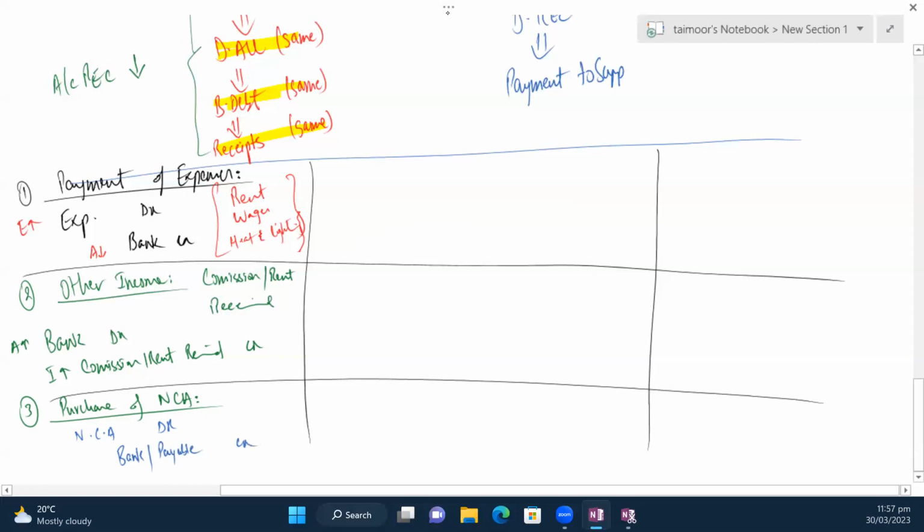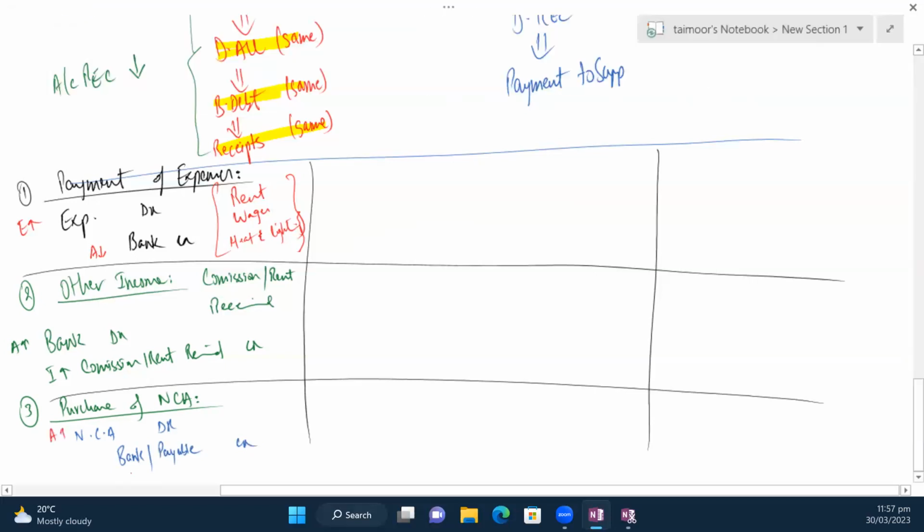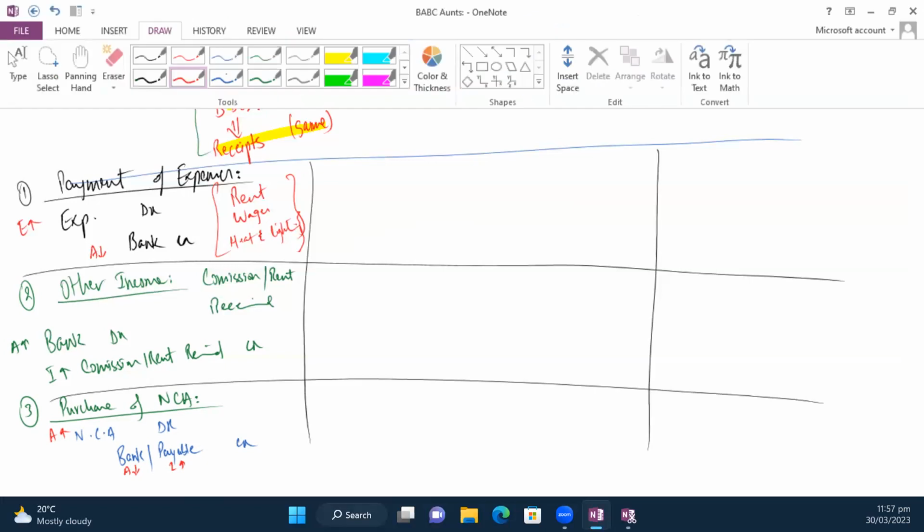Why am I using bank or payable? If you are paying by cash, so this is asset increase. If you're paying through check, the asset is decreasing. If you're buying it on credit, so liability is increasing. All right. Moving on.